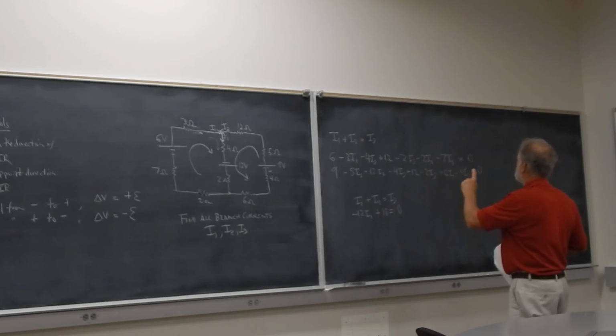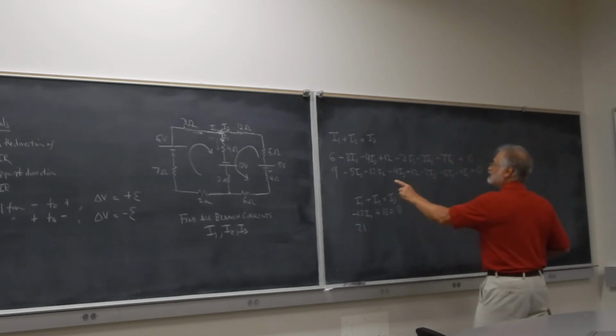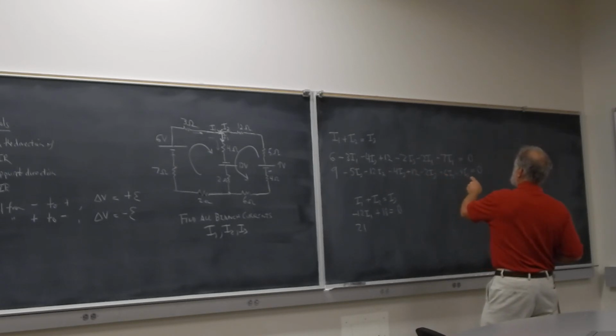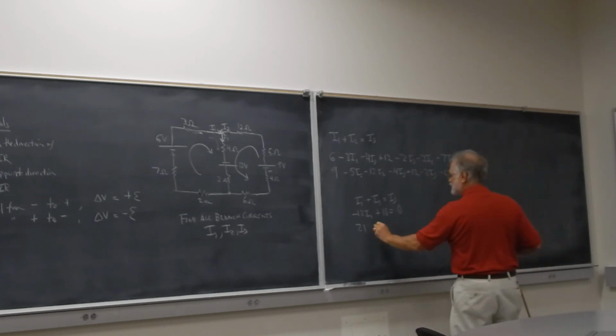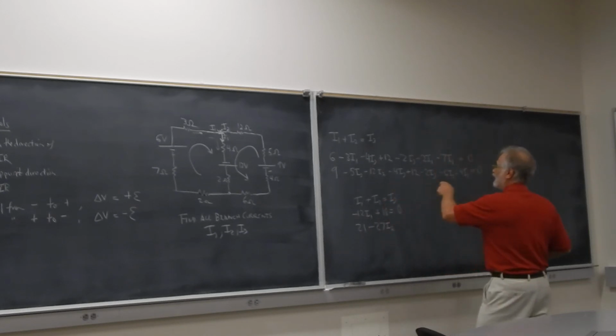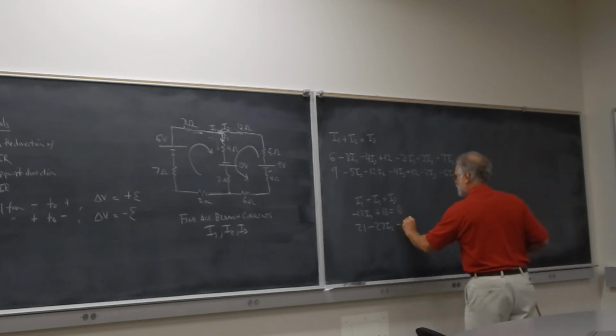Then I have 9 plus 12 is 21. Then I have minus 5 I2 minus 12 is minus 17, minus 10 is minus 27 I2, and minus 4, minus 2, so it's a minus 6 I3 equals 0.